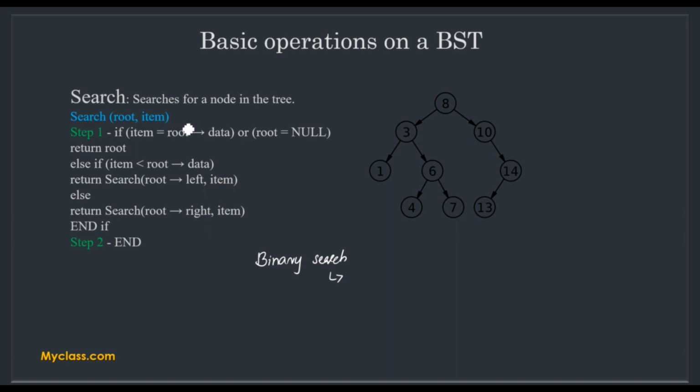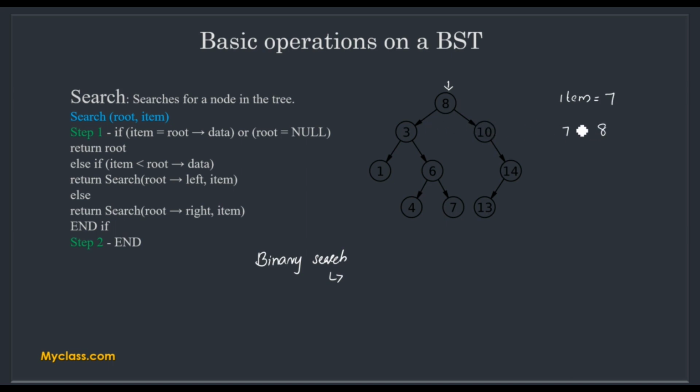So the search algorithm looks like this. We have root and item, and we start from the root. It acts as the mid value for our binary search. Just comparing binary search tree search and binary search. Next, the first step is: if item is equal to root data. Suppose the item value we want to search is 7. So we compare 7 and 8.